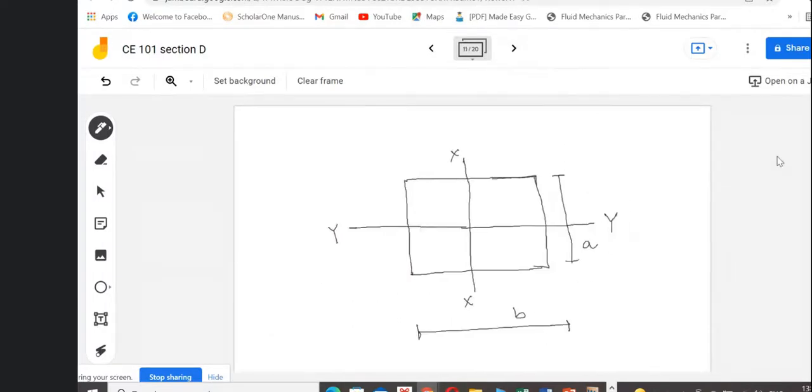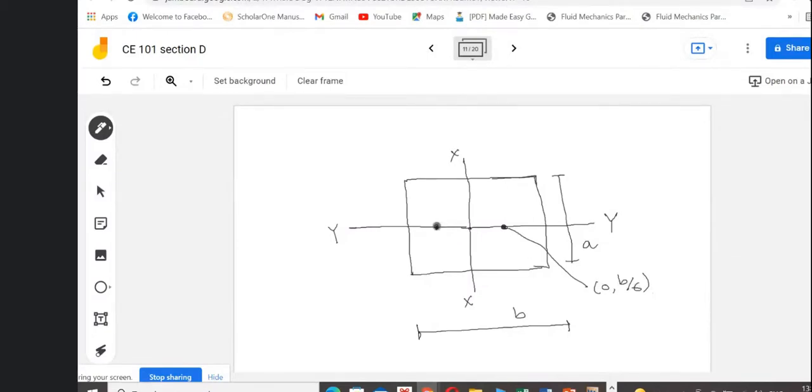So let us draw the vertex points here. This point is 0, b by 6.